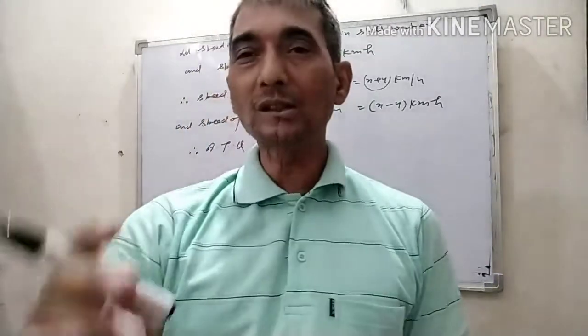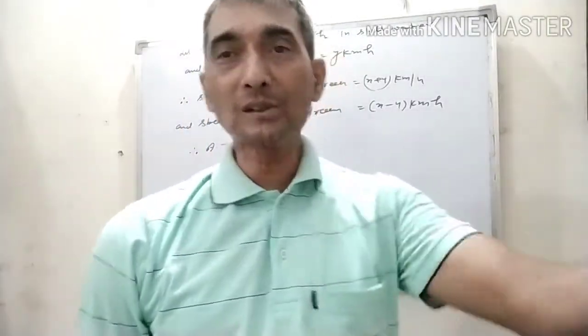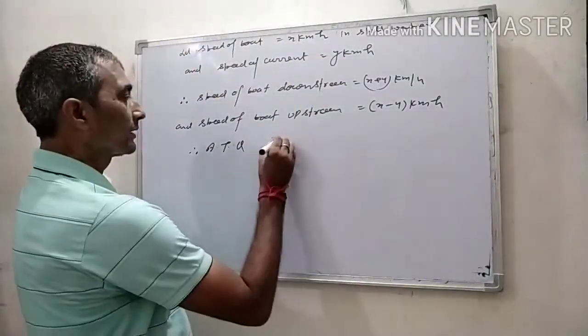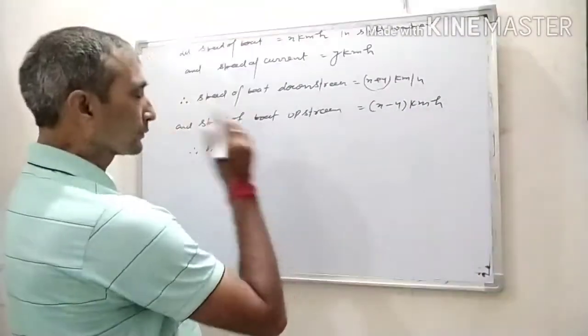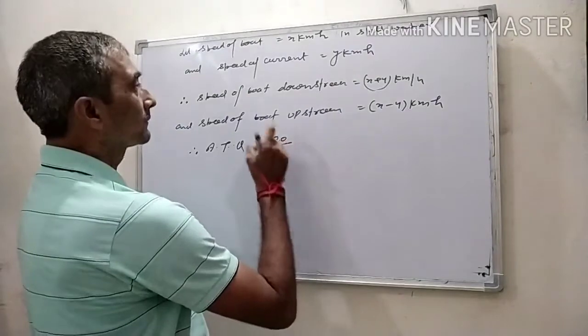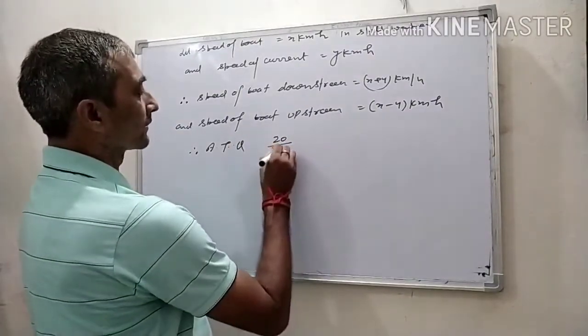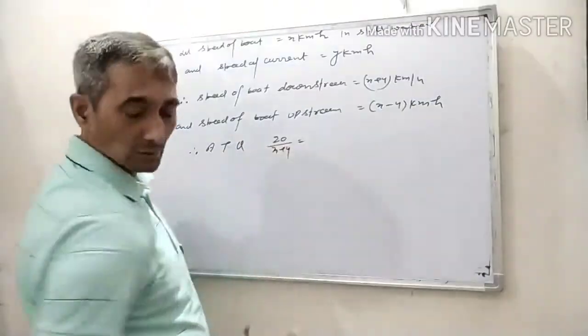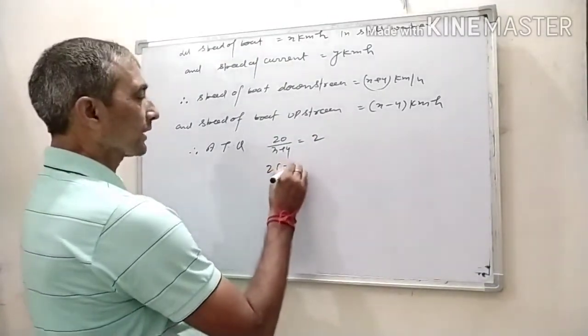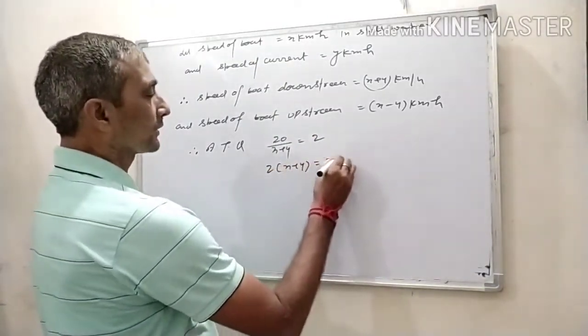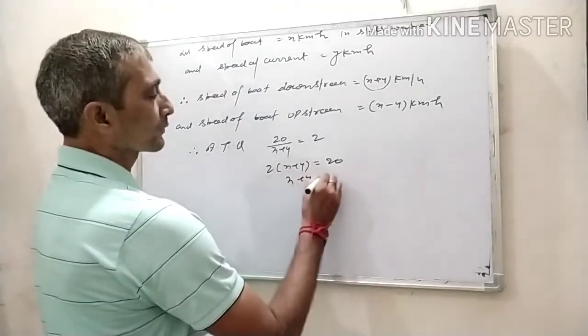Ritu travels 20 km in 2 hours downstream. Therefore, 20 km distance upon speed x plus y equal to 2 hours. Now 2 into x plus y equal to 20, x plus y equal to 10.